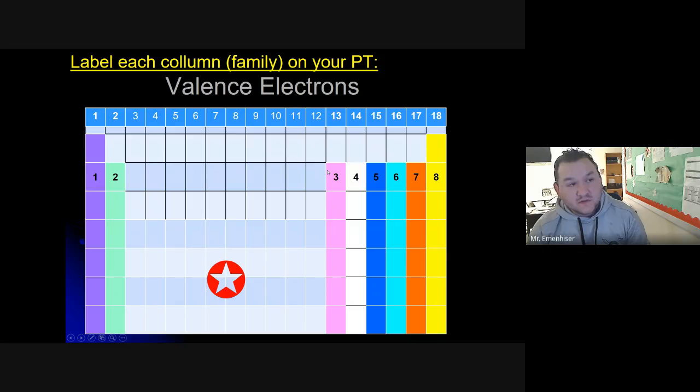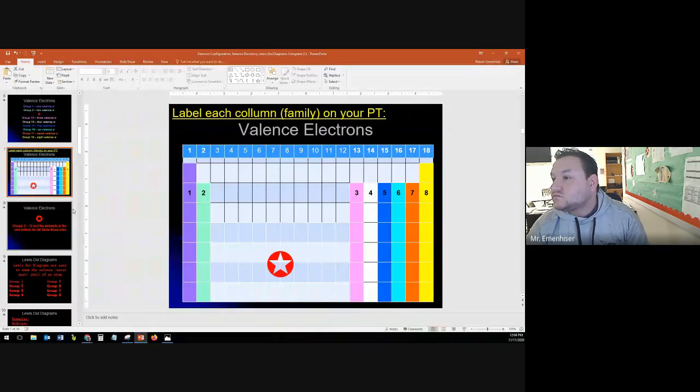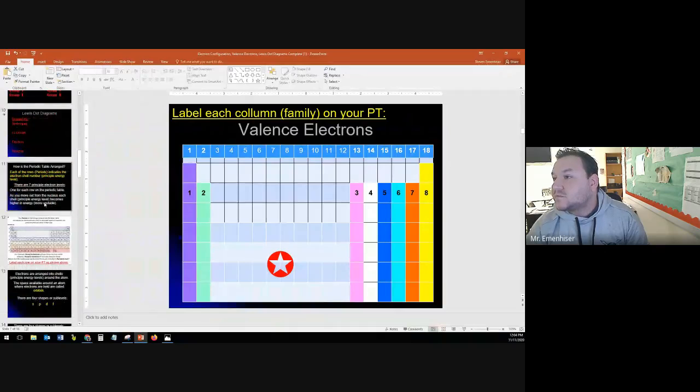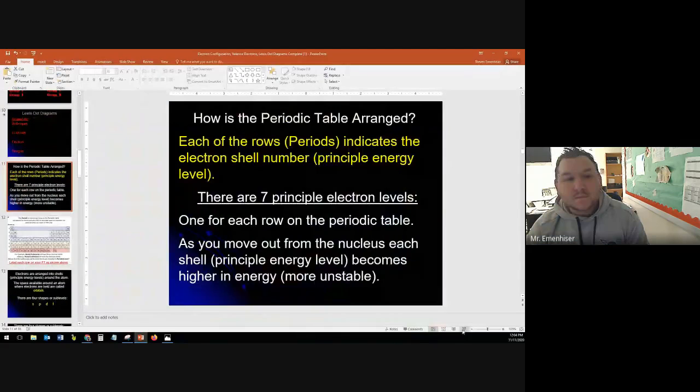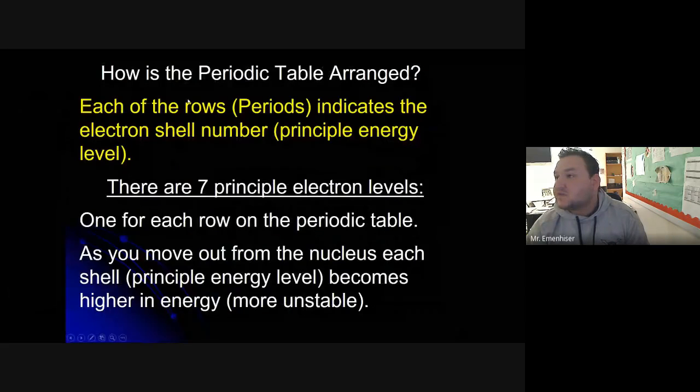It's got 3 valence electrons. Each group, the group number tells you the number of valence electrons. Okay, and there are groups 1 through 8, not counting the middle and not counting the bottom of the periodic table. If you want to guess at the rest of the elements, most of them have 2 valence electrons. Okay, but if it's in group 1 through 8, then it'll have that many electrons. So we're good on that. Okay, how is the periodic table arranged?